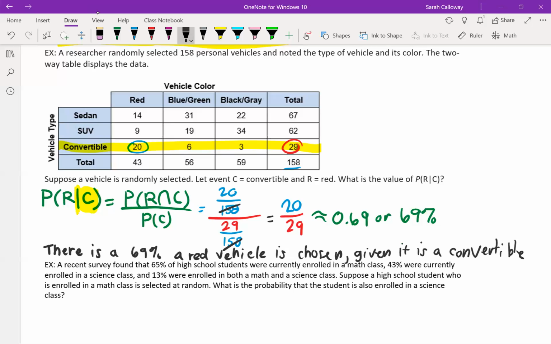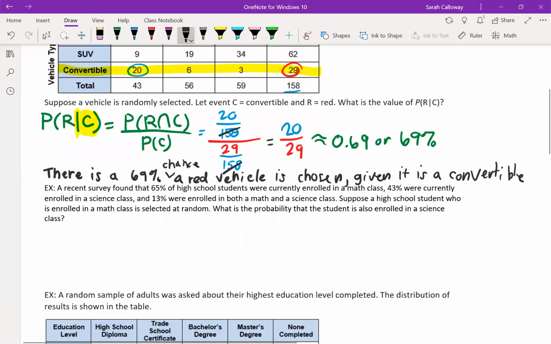The probability of R given C in words, which equals 69%, is that there is a 69% chance a red vehicle is chosen given it's a convertible. I know a convertible was chosen. There's a 69% chance that that convertible is red.